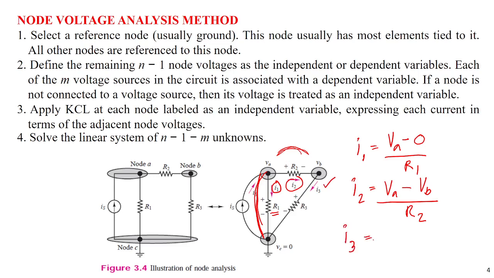And what is I3 here? I3 is VB minus 0 divided by R3, right? Okay. Then we can write down the current in each branch.